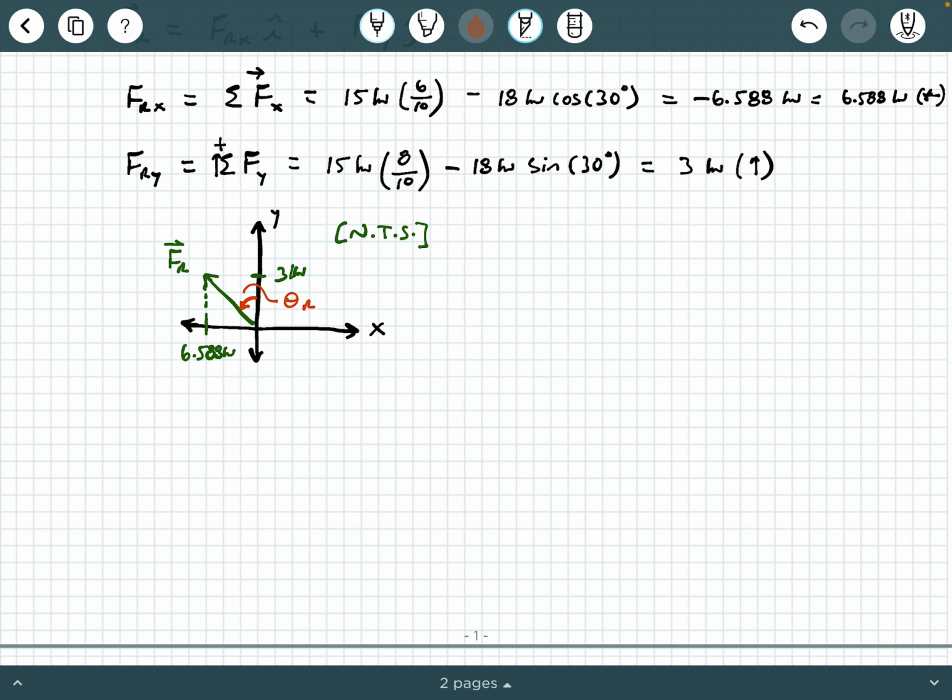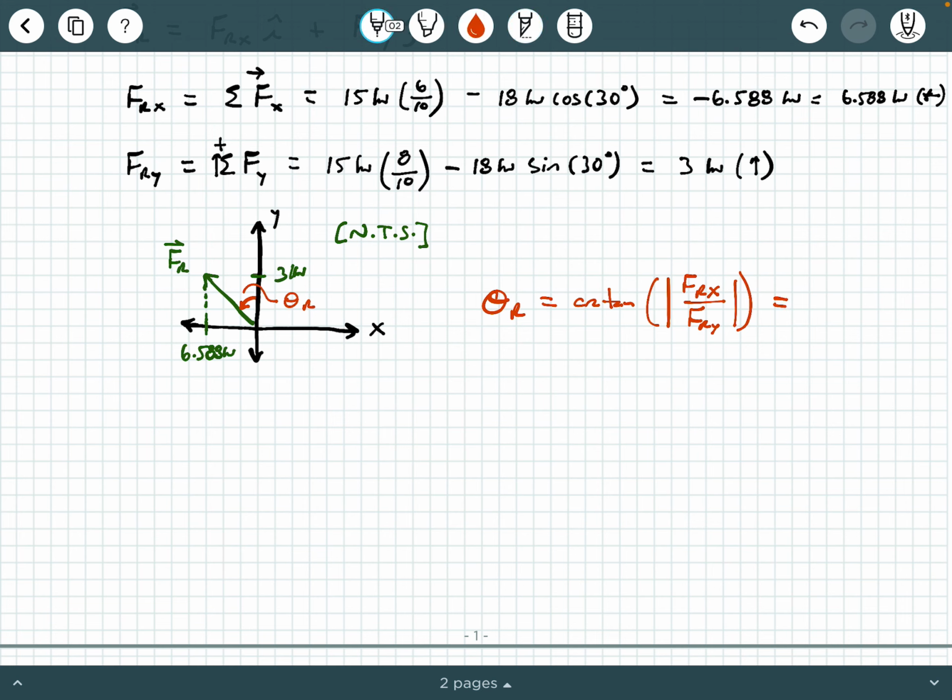And so what I can do is look at this little right triangle here and do some basic trigonometry. I can say theta sub r equals the arc tangent of the absolute value of FRx over FRy. I'm saying FRx over FRy because I'm looking for this angle that's being referenced from a vertical axis, or the y-axis.